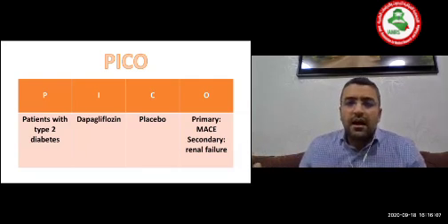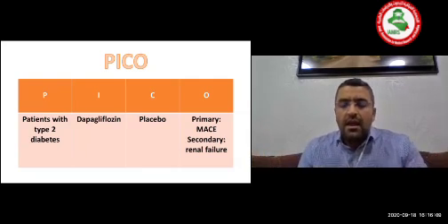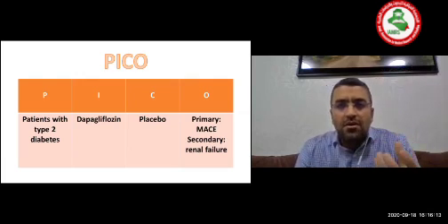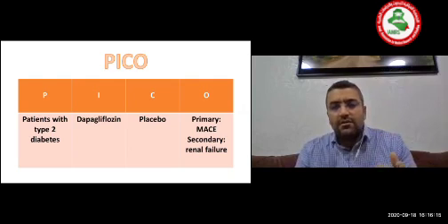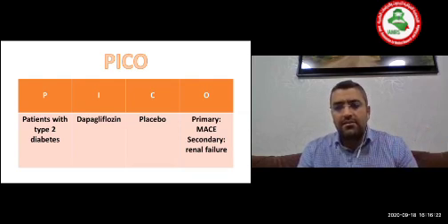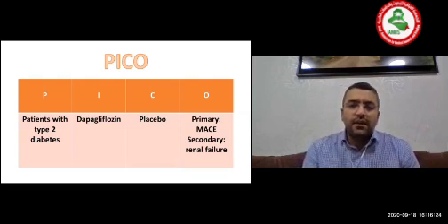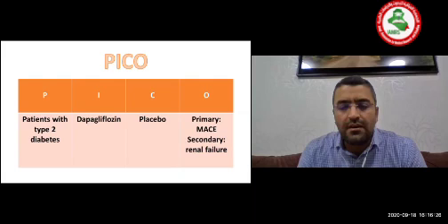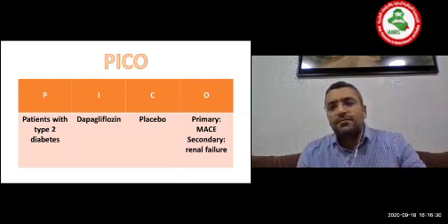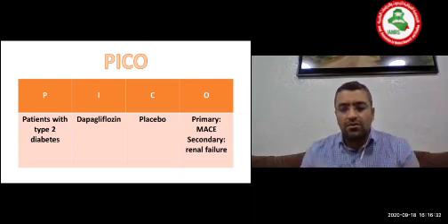And they followed up the patients for 5 years. For the primary outcome, they measured how many people got a major adverse cardiovascular event, how many people got myocardial infarction or stroke or ischemic heart disease. And they included a secondary outcome, and that was renal failure. Also, they measured how many people developed renal failure in the two arms or groups.